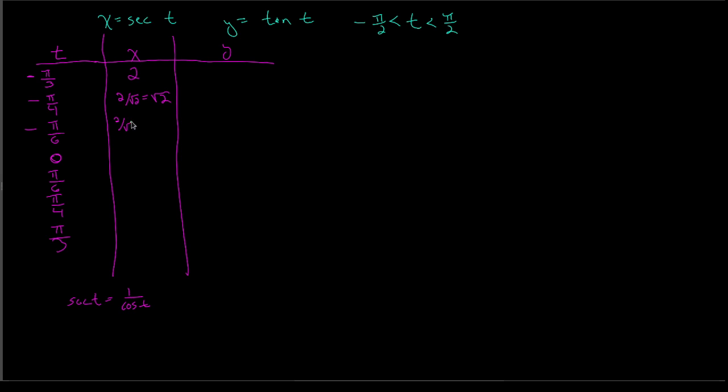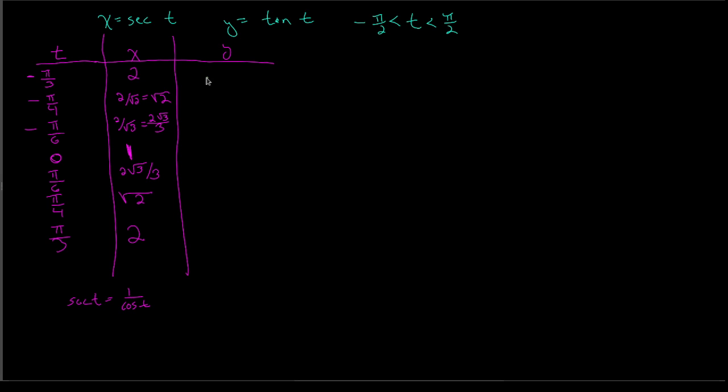So this would be 2 over root 3, or 2 root 3 over 3. And at 0, cosine is 1. So this is 1. And then it walks back up these values, 2 root 3 over 3, root 2, and 2. So it looks like 1 is the smallest value, and then it increases as x increases.